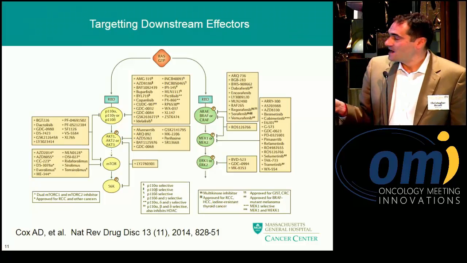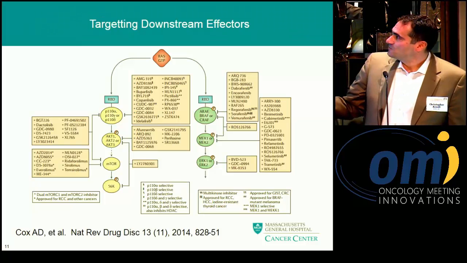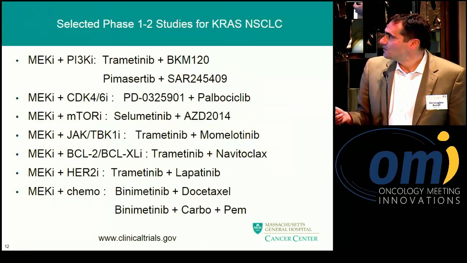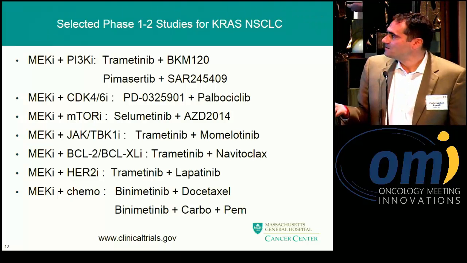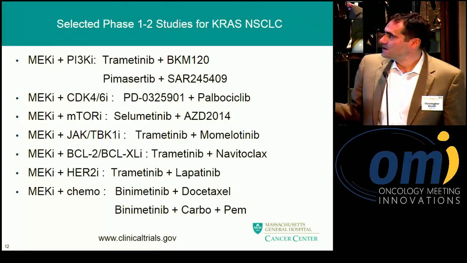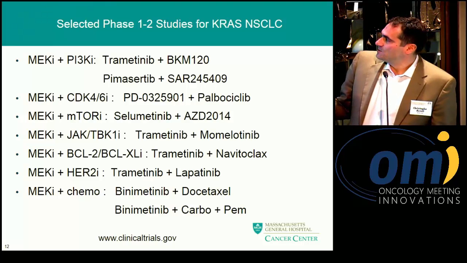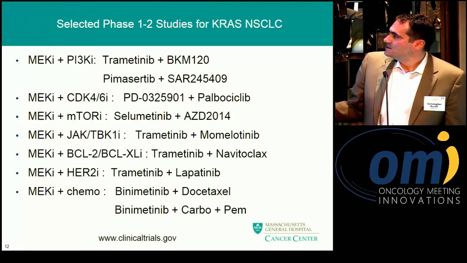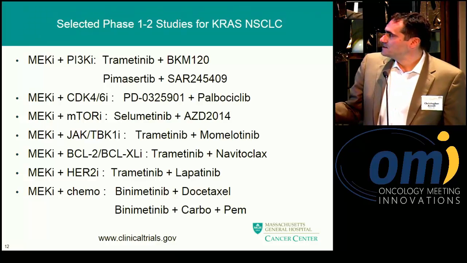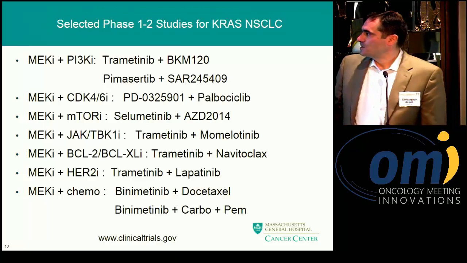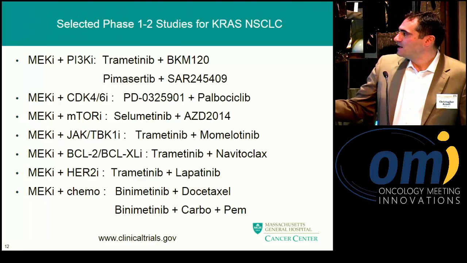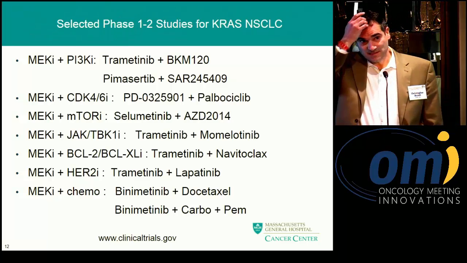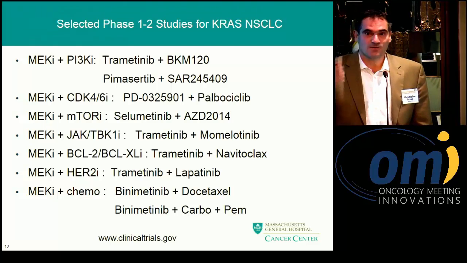What you end up with is a lot of great ideas once you've got a mutant RAS to target in combination. So here's just my short list. Some of these things that I'm familiar with from practice in Boston, for example, combining the MEK inhibitor trametinib with TBK1 inhibitor, momelotinib, based on synthetic lethal work by David Barbie, or the MEK inhibitor trametinib with a BCL-XL inhibitor, navitoclax, based on synthetic lethal work by Ryan Corcoran.